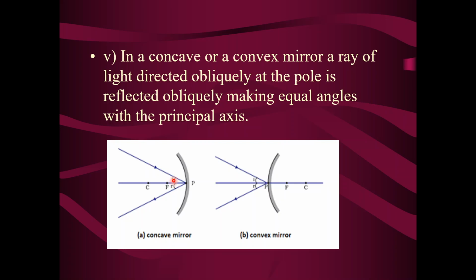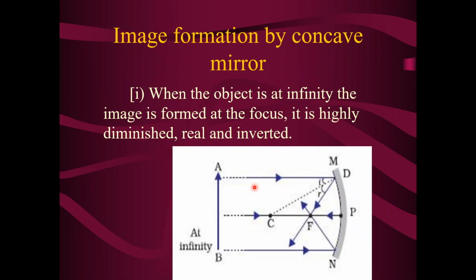That is, angle of incidence is equal to angle of reflection. Here also in the convex mirror, the light ray falling obliquely at the pole of the mirror is reflected obliquely in such a way that angle of incidence is equal to angle of reflection.